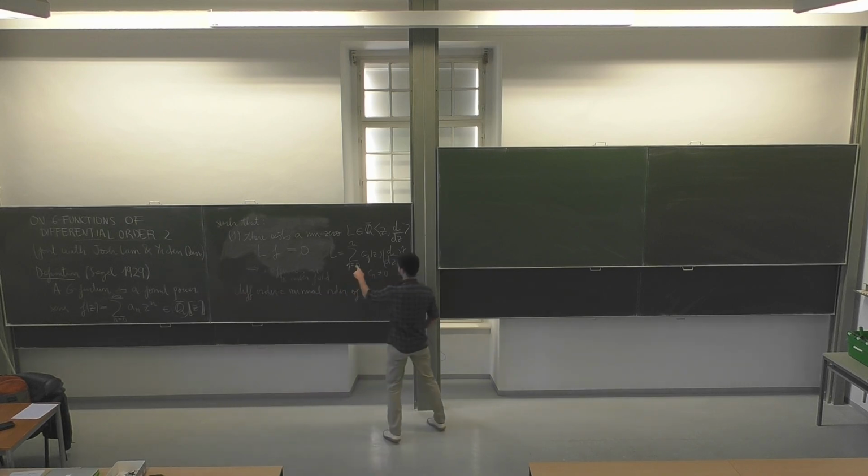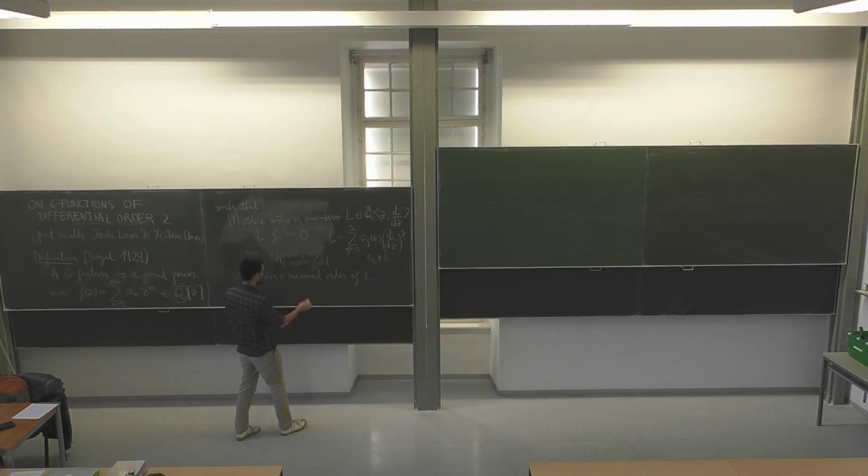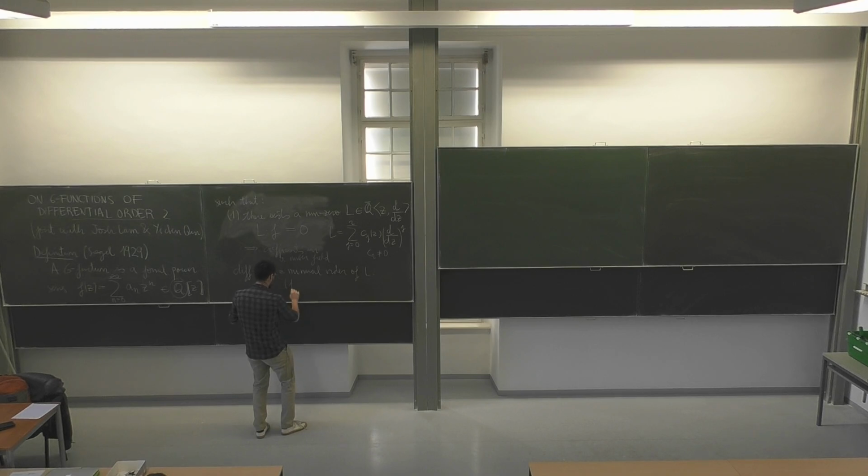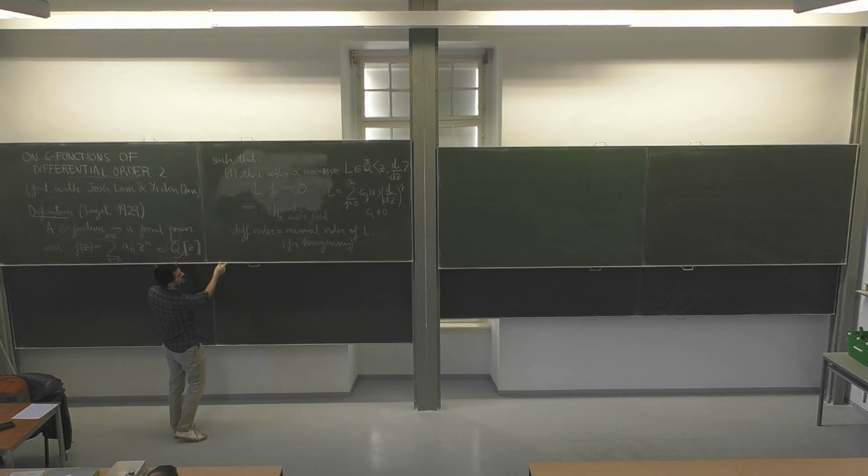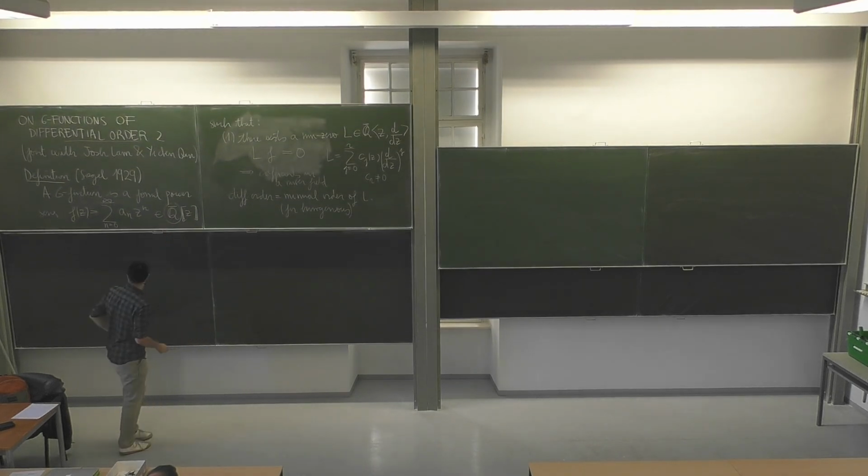So for j equals 0, this is multiplication of the function by the polynomial. Yeah, I can write homogeneous if you want, that all L of this form are homogeneous. Okay, that's the first condition. So these are holonomic power series.